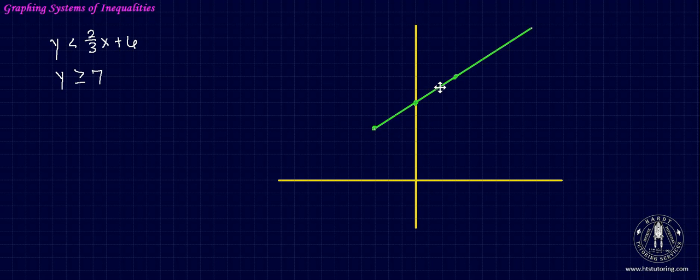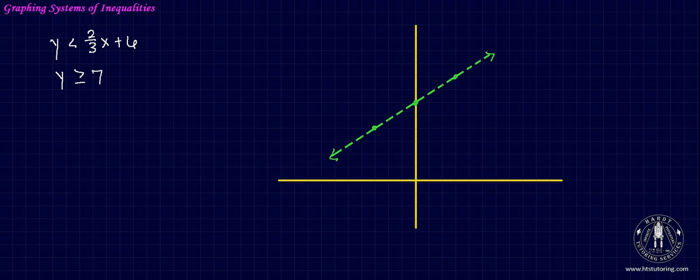Now I've got my line. However, that is a less than sign, so this needs to be a dashed line. I'm going to take my eraser and break up the line such that it is dashed. So now we have y is less than 2/3 x plus 6.